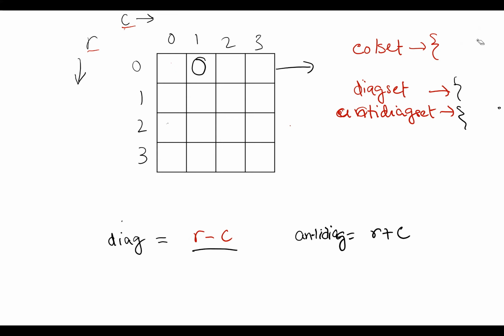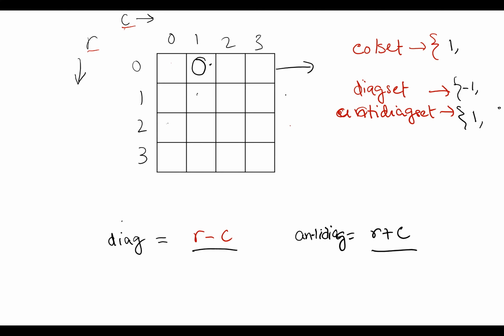Immediately I want to mark column 1 as occupied, and then I will put row minus column. Row is 0, column is 1, so the diagonal set will get -1. That means -1 is occupied. And row plus column is the anti-diagonal, so I say 1 is occupied.